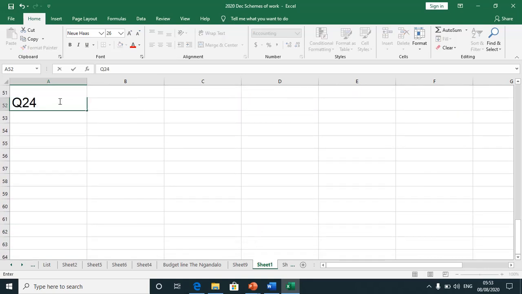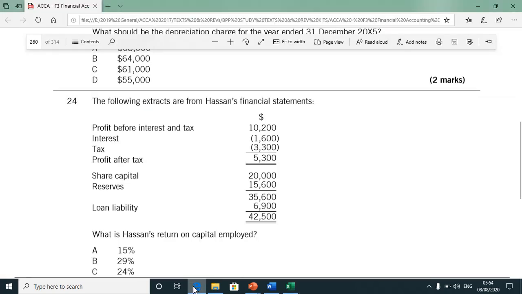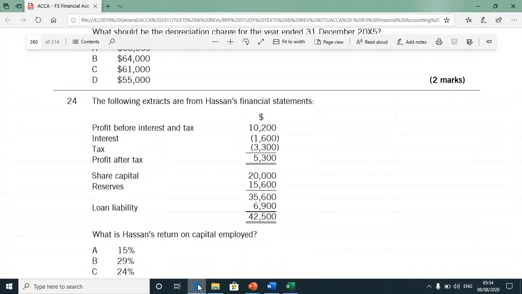Question 24. Return on capital employed is equal to profit before interest and tax divided by capital employed. So in our question, the profit before interest and tax is 10.2, divided by the capital employed, which is share capital or equity.